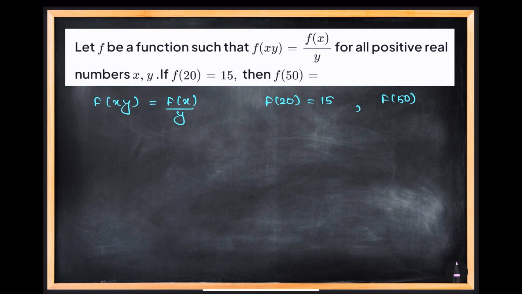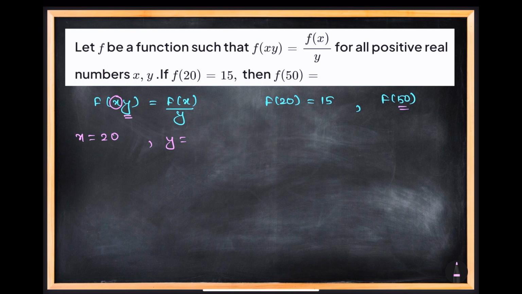So my point is replace x with 20. Now think about y. What should be the value of y so that after multiplying with 20 it will become 50?